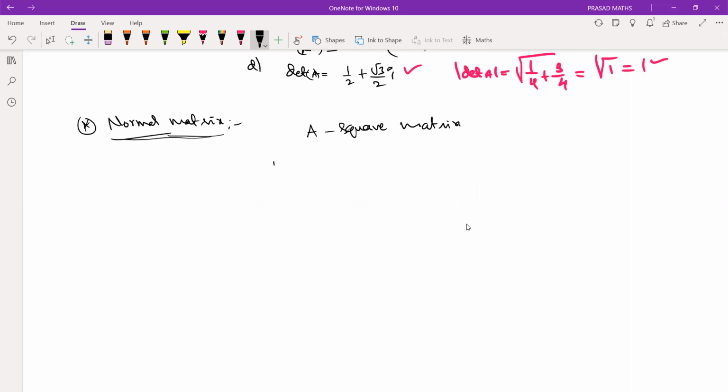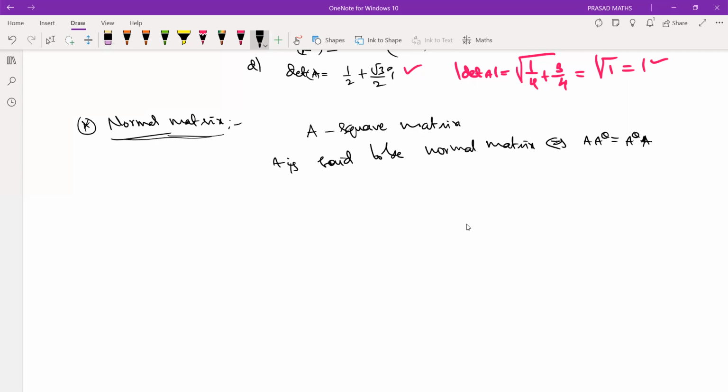Then it is said to be normal if and only if A into A theta is equal to A theta into A. There is no shortcut for this, because there is no identity matrix here. Therefore, A is normal if and only if A into A theta equals A theta into A.